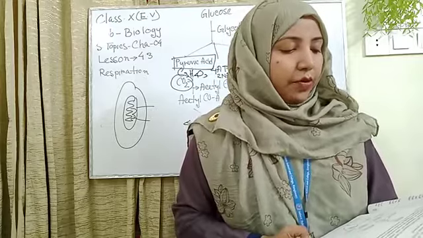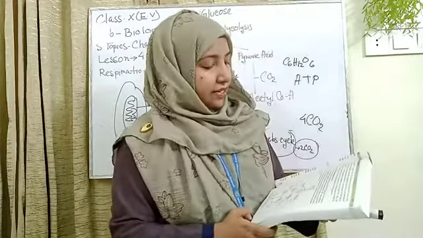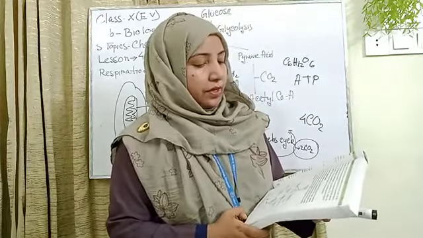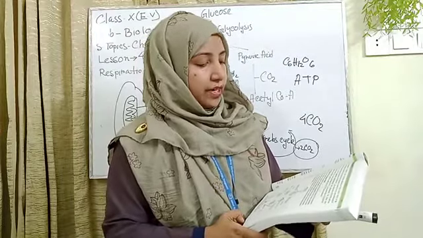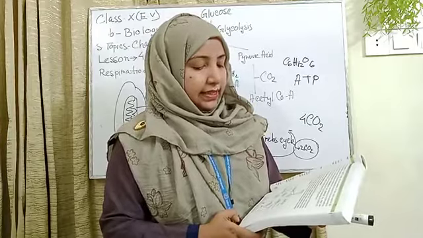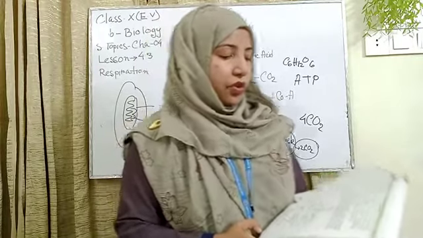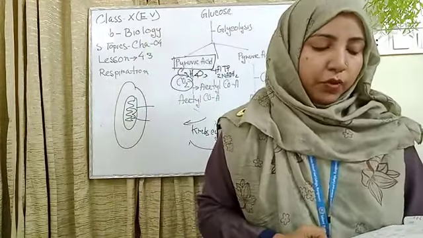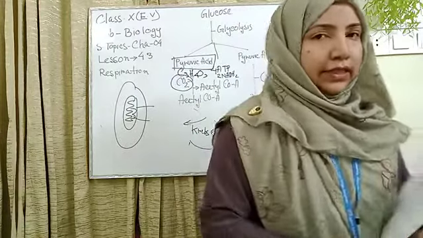Those produced in the above 3 stages are oxidized. Consequently, ATP, water, electrons containing high energy, and protons are produced. Energy is released when electrons containing high energy move through the electron transport system.